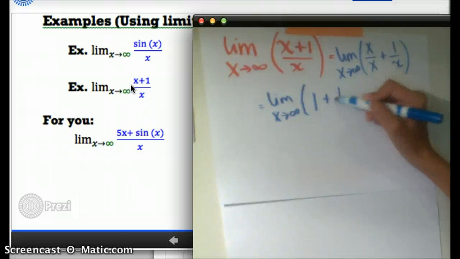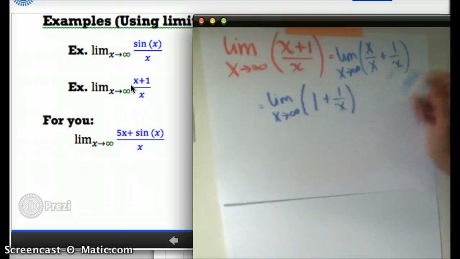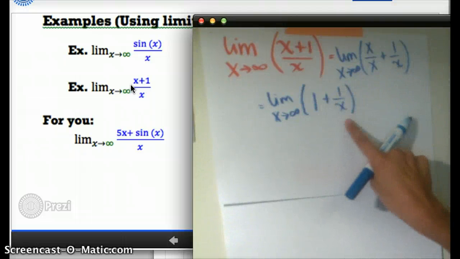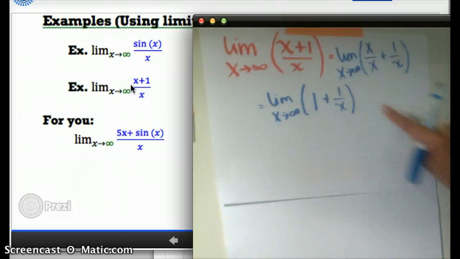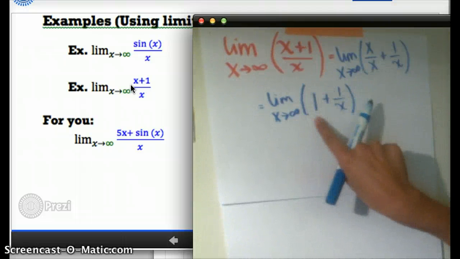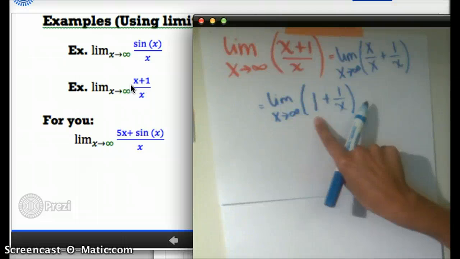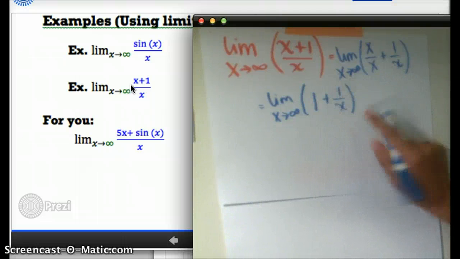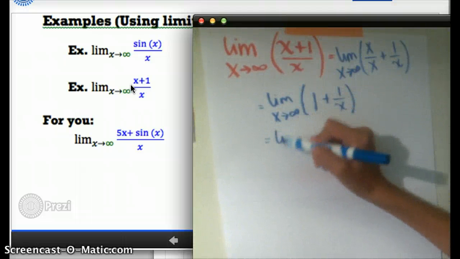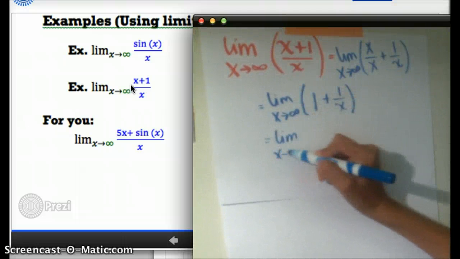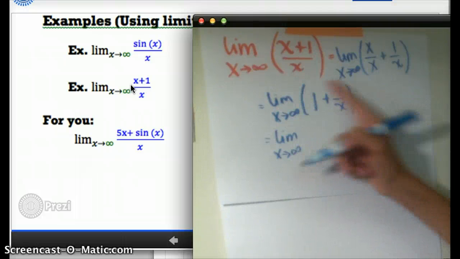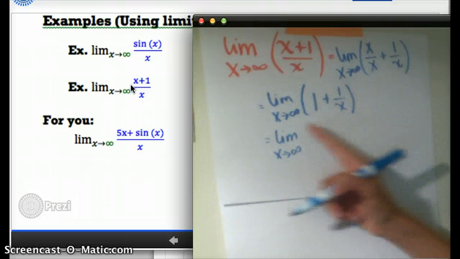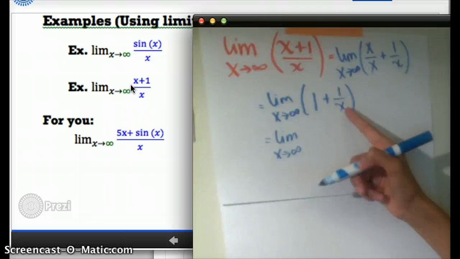Now, 1 over x, I recognize that. We just talked about the limit of 1 over x. I know what the limit is as x approaches infinity. So, because I know what the limit of a constant is, no matter what, and because I know what the limit of this is and it's defined to be a number, I am allowed to split this limit, which still, by the way, makes no sense because if you look at it, you can't just plug in infinity.